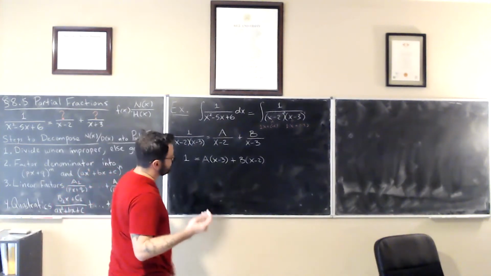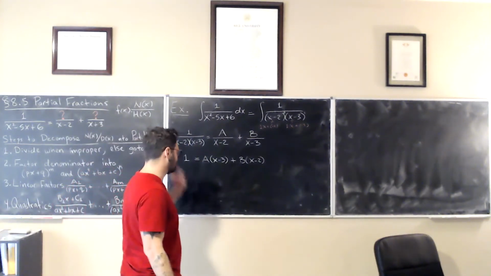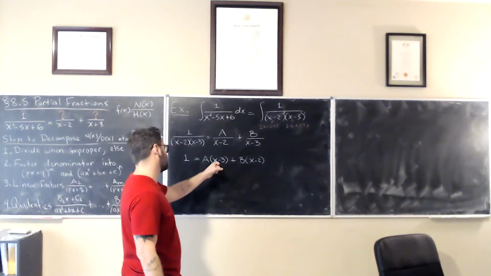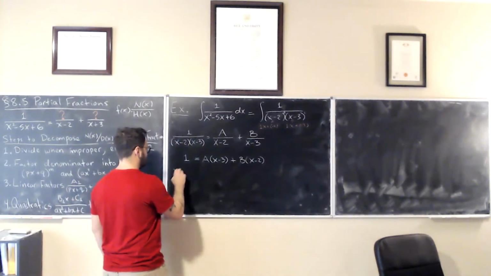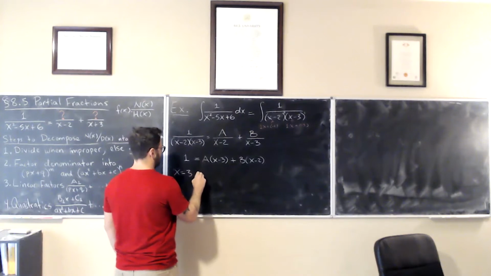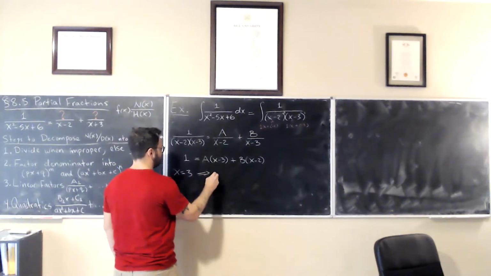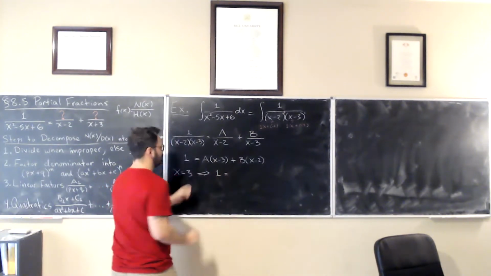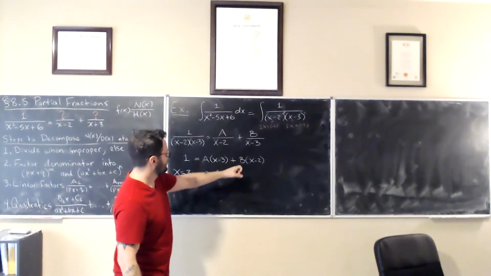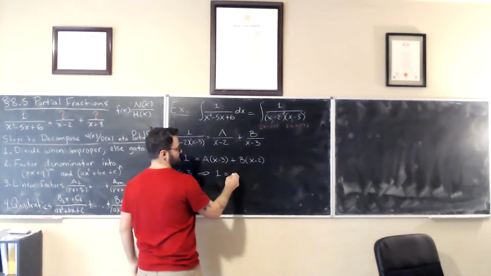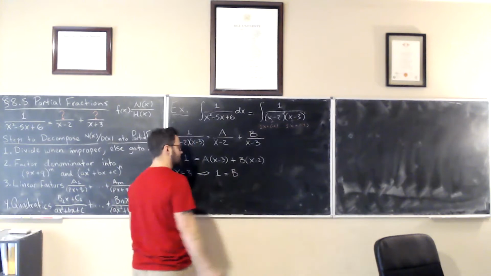So now we can just pick convenient x's to make this happen. For example, if I pick x equals 3, then what do we get? 1 is equal to, so that goes to 0, 3 minus 2 just leaves me with 1. So that means that b is equal to 1.